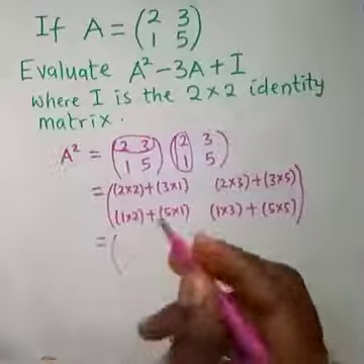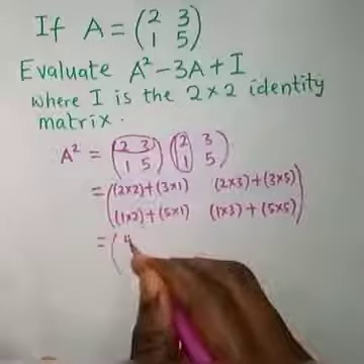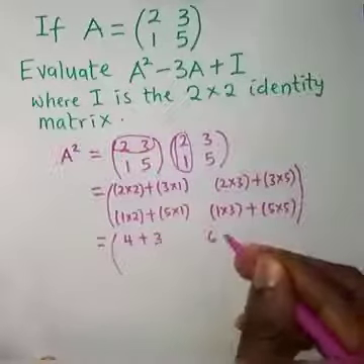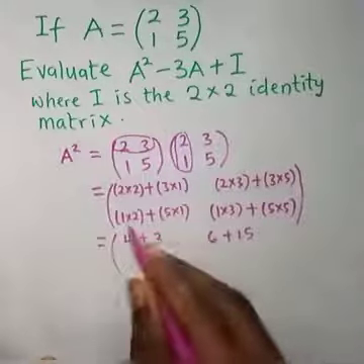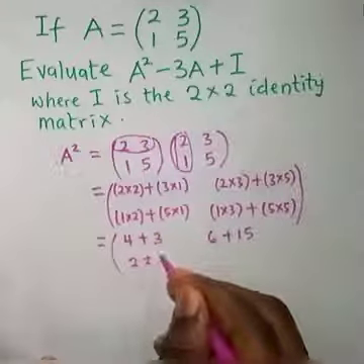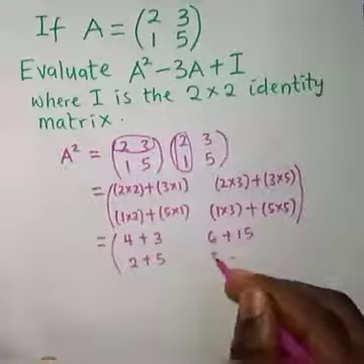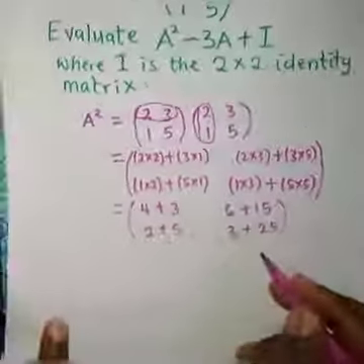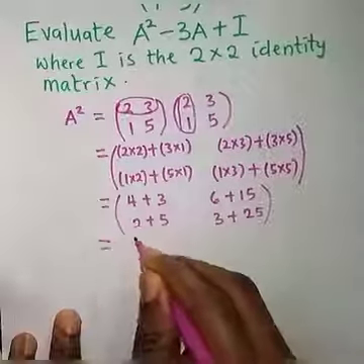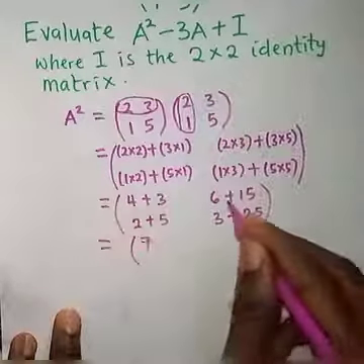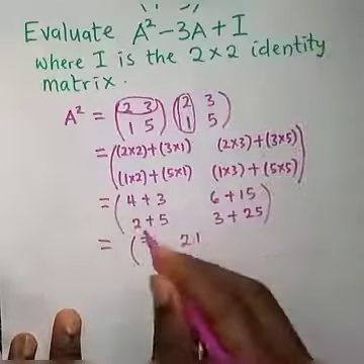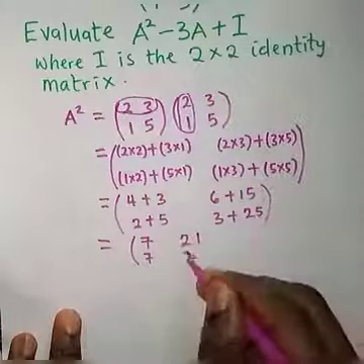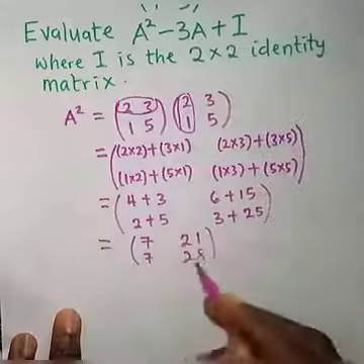This is equal to 2 times 2 is 4, plus 3 times 1 is 3, 2 times 3 is 6, plus 3 times 5 is 15, and here 1 times 2 is 2, plus 5 times 1 is 5, 1 times 3 is 3, plus 5 times 5 is 25. And this equals 4 plus 3 is 7, this is 21 here, 2 plus 5 is 7, and 3 plus 25 is 28. So A squared gives this.